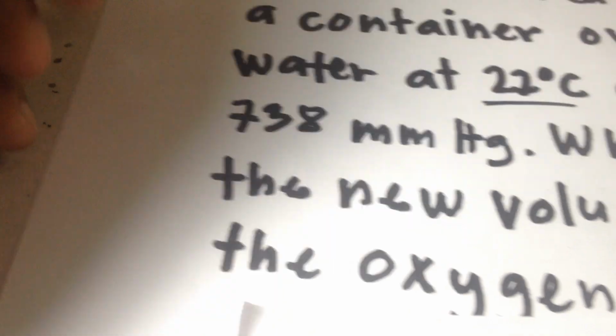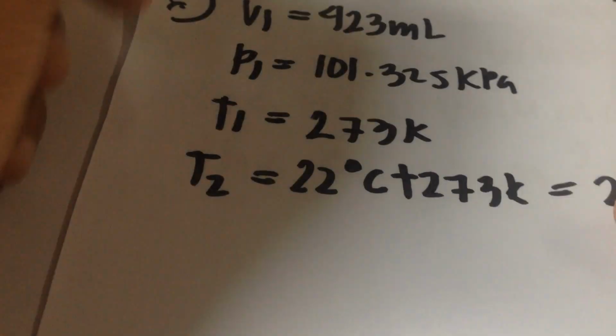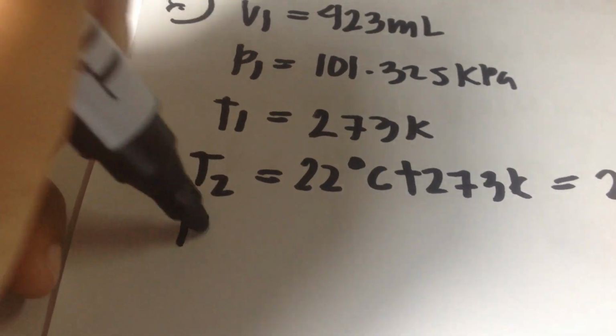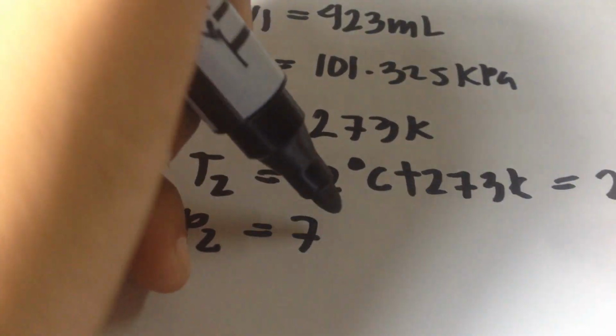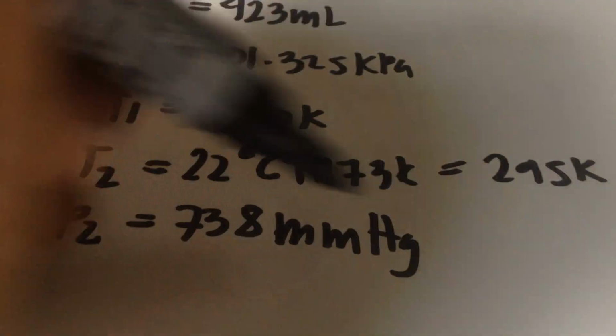And we have pressure 2 here, which is 738 millimeters mercury. So we need to convert millimeters mercury to kilopascal.